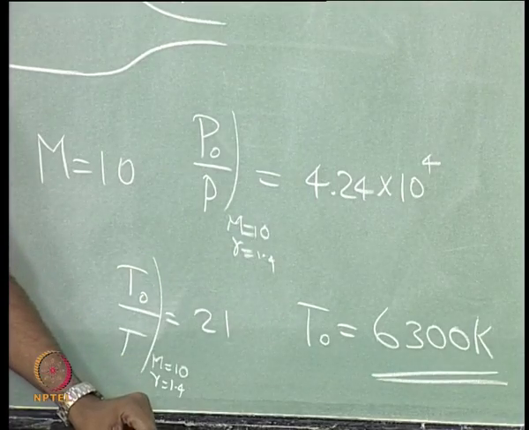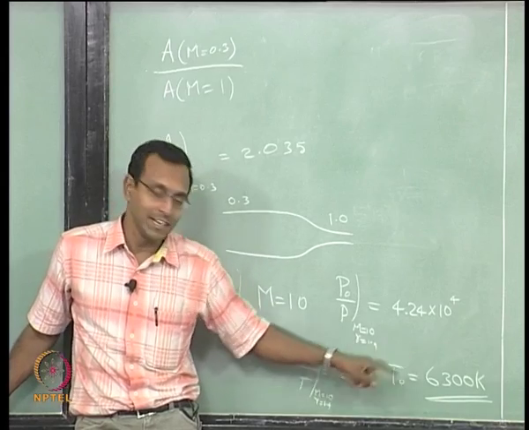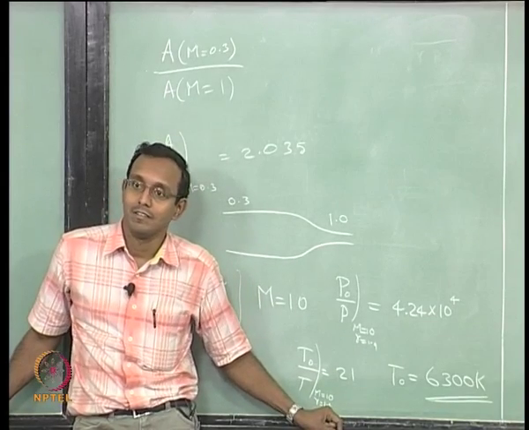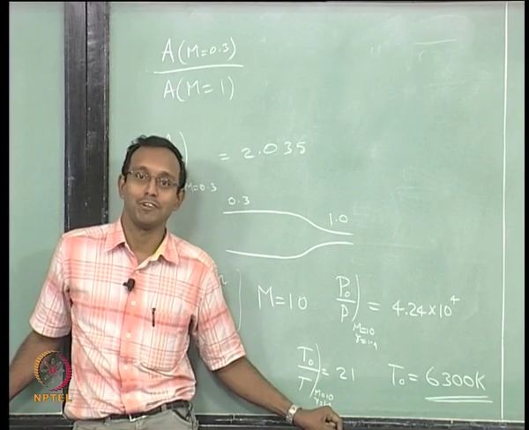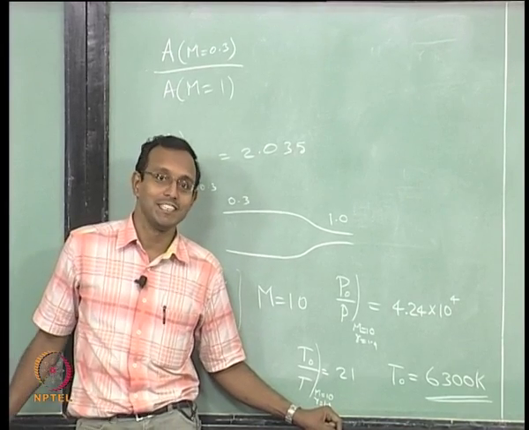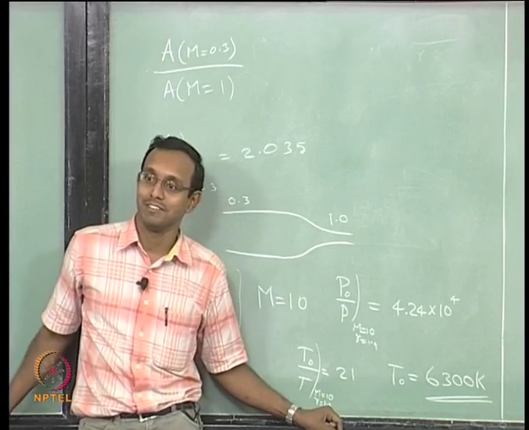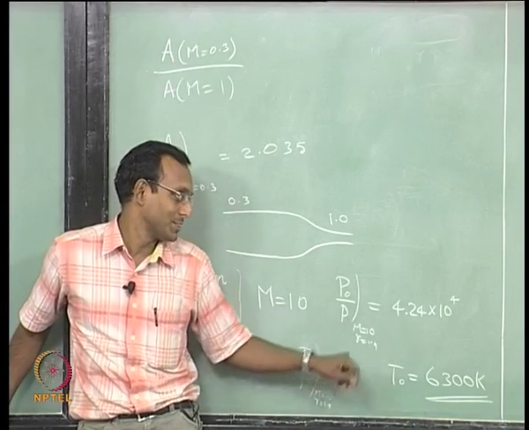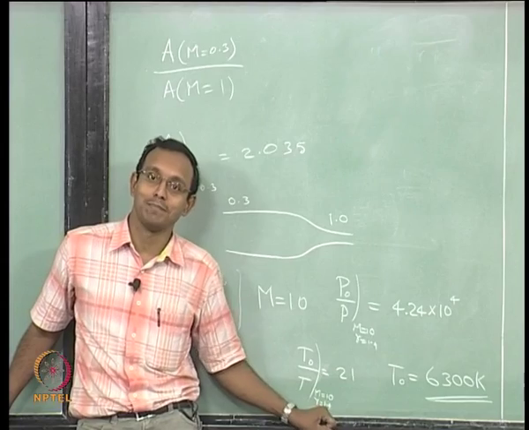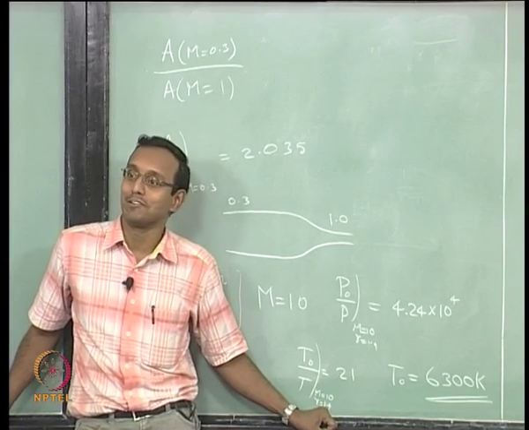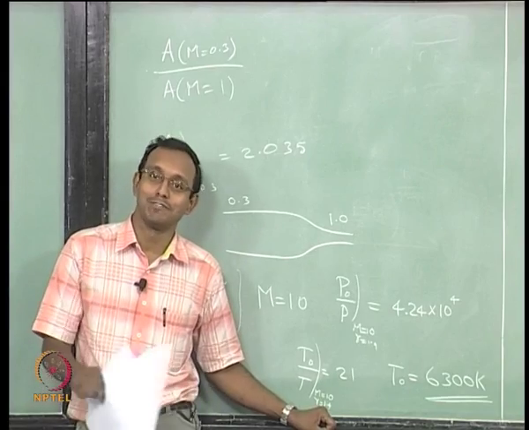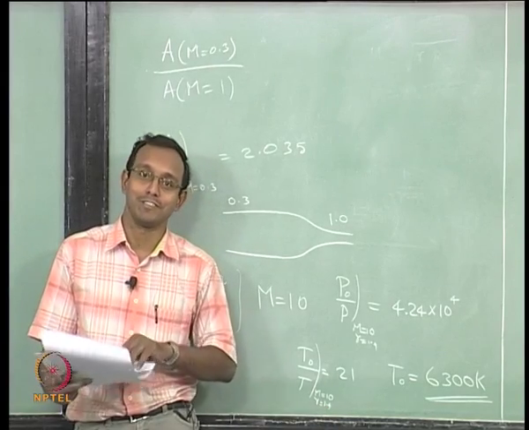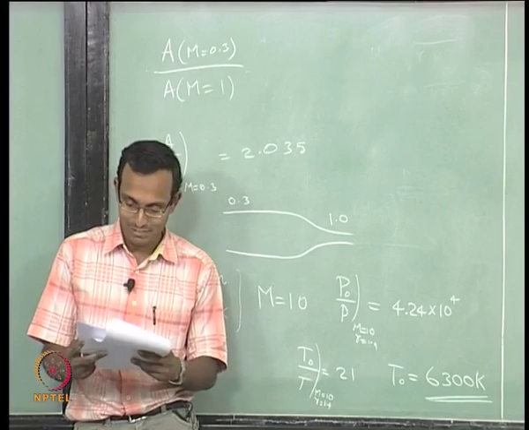So I do not need to really design for this high temperature; I need to design for a slightly lesser temperature. Life is nice for us. Gamma changing is actually helping us. We do not need to design for such high pressures or such high temperatures. Everything will be easier for us. But in the scope of this course, we will not deal with that. Gamma is a constant for us, that is the only thing we will deal with.